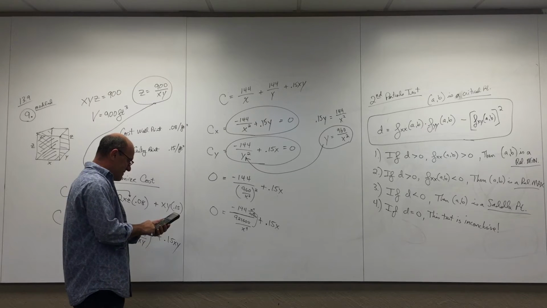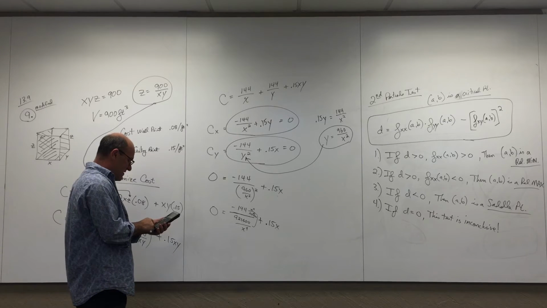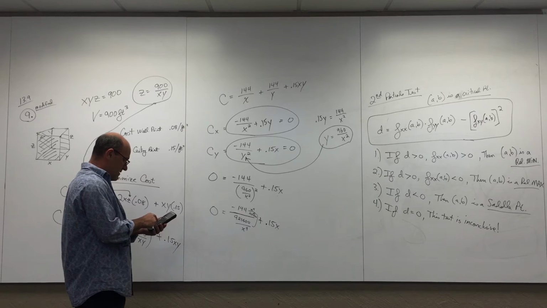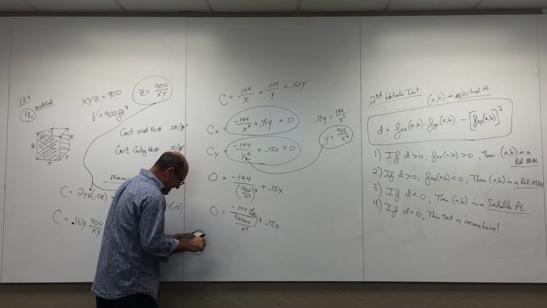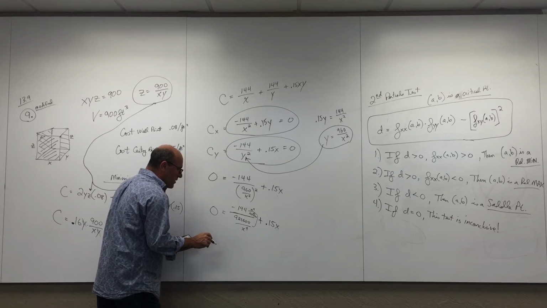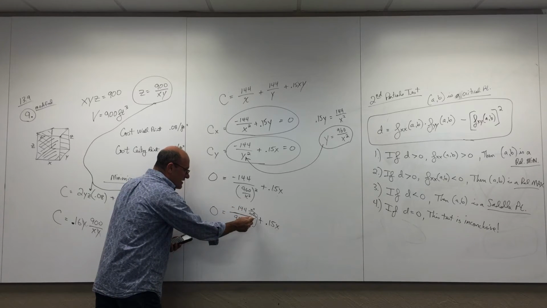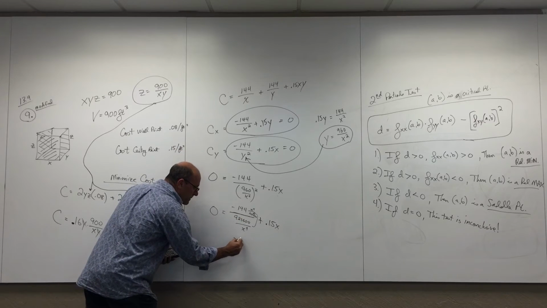Really? Thank you. I'm getting a little nasty decimal, but you're saying 144 over 921,600 is negative 1 over 6,400.